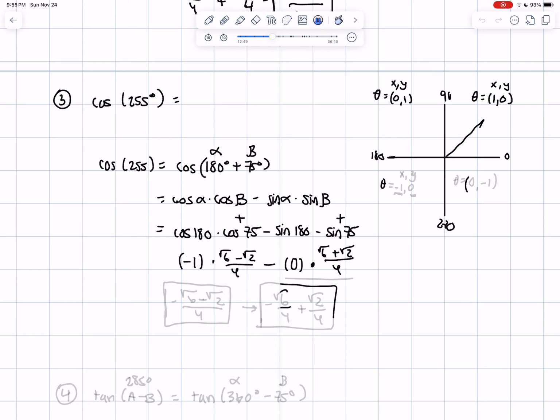If we're in quadrant 3, we would be an xy of -1, 0. And then if we're in quadrant 4, we would be 0, comma, -1. So that's why for 180 here, the x value is -1.